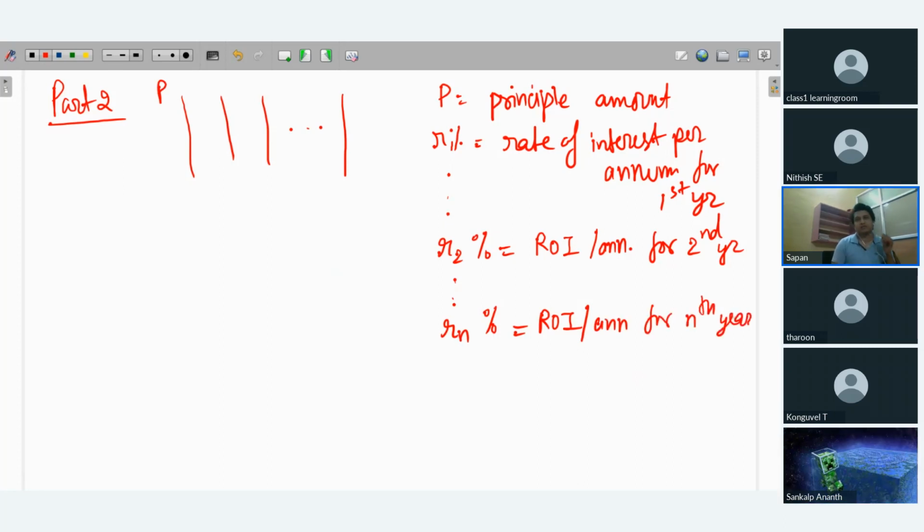So I'm changing the rate of interest every year: R1, R2, R3, and Rn. However, the principal for any year is the amount for the previous year, that is always the same. Interest is compounded annually, that means you will see the credit at the end of the year always.